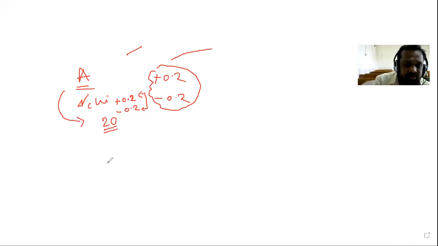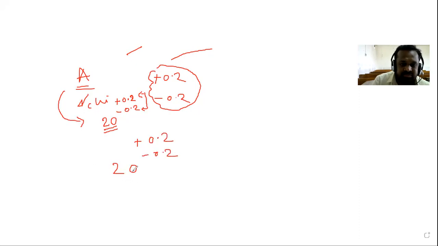Tell me, what is the meaning of this? That 20, and they have given the limit, that is plus 0.2 and minus 0.2.